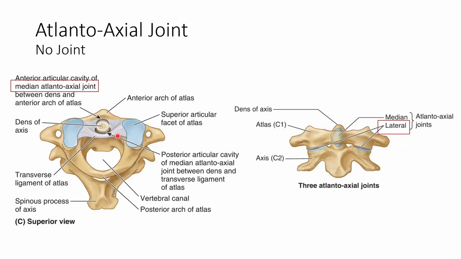That creates a pivot joint. We can see this projection of C2 within this opening here of the atlas, and we're getting pivoting motion. And this pivoting motion allows for the head and C1 to rotate side to side and create our no movement. So rotation is allowed at the atlantoaxial joint.